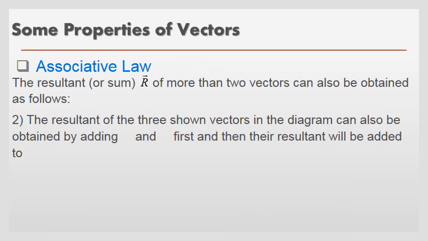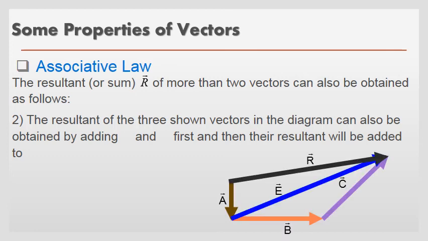An alternative way of adding those vectors A, B, and C is to start adding the vector B to the vector C to get the vector E when the triangle method is used.